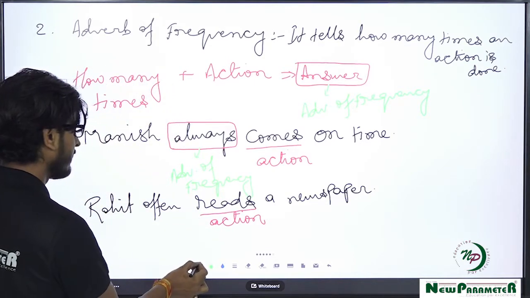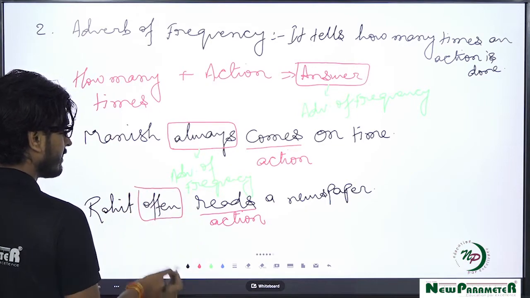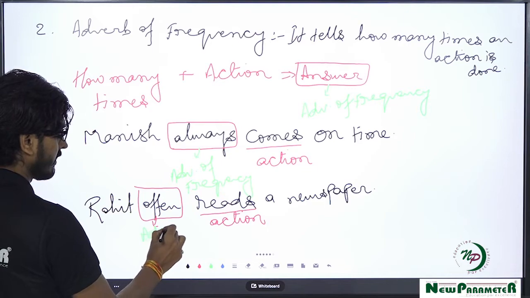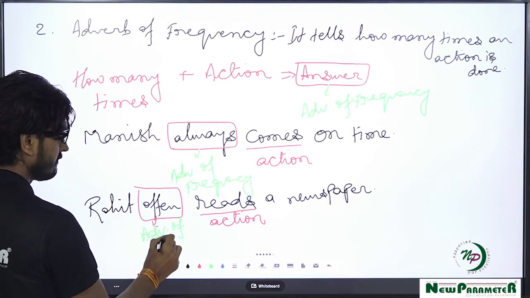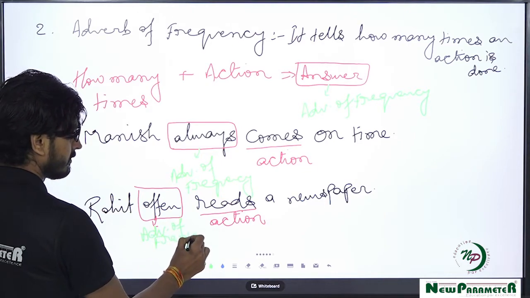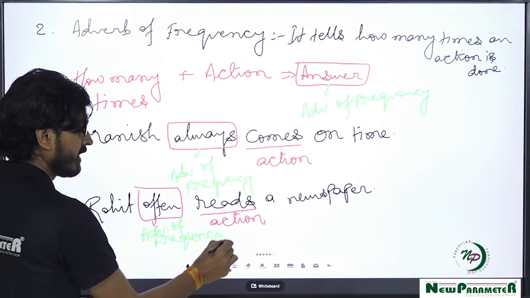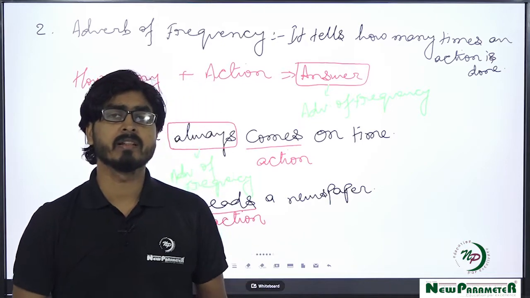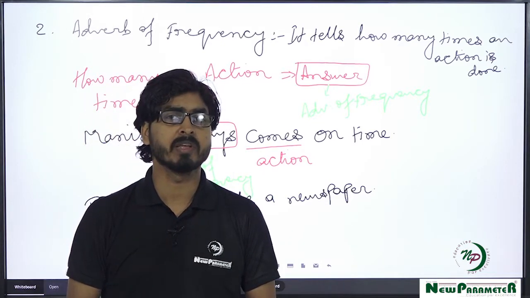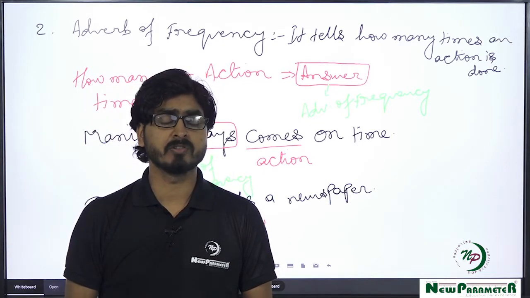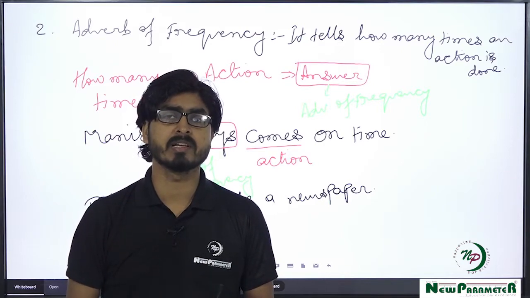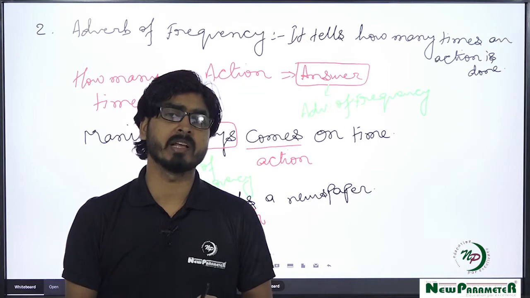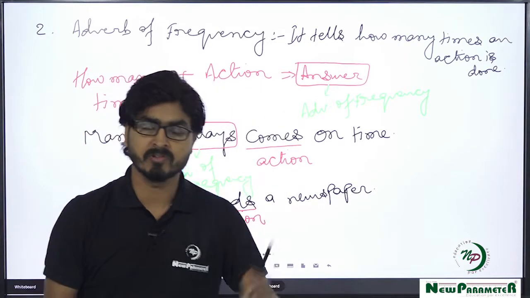That is what? That is often. So we can say often is what? An adverb of frequency. So in this way, we can say adverb frequency is basically used to tell that how many times an action is being done. So we have covered two types of adverb, that is adverb of manner, how an action is done, and how many times an action is done is told by an adverb frequency.